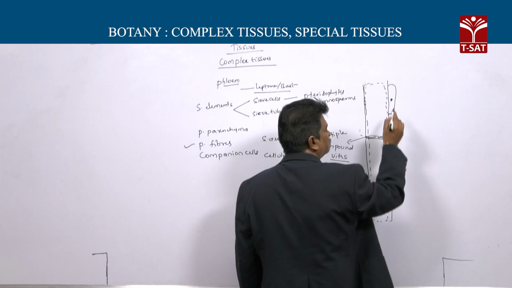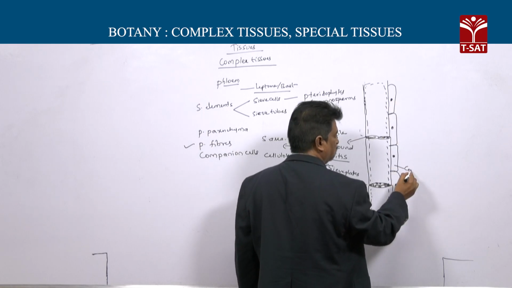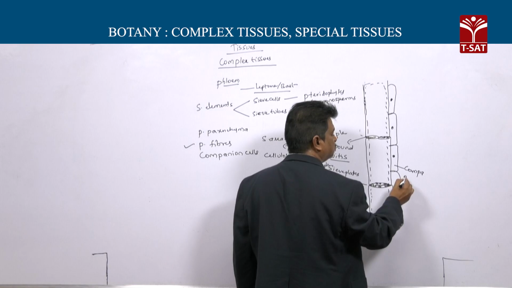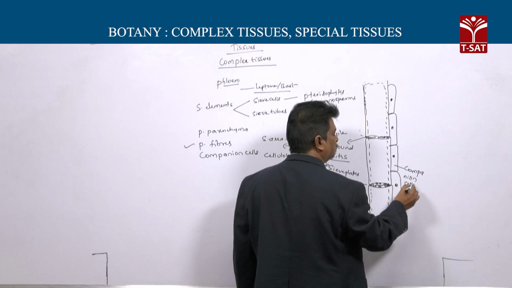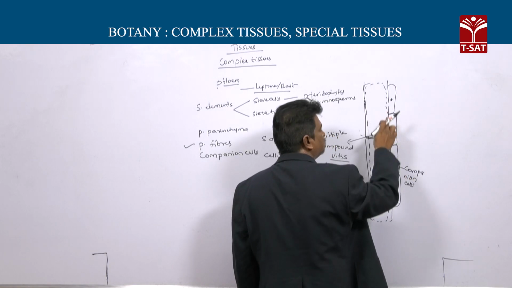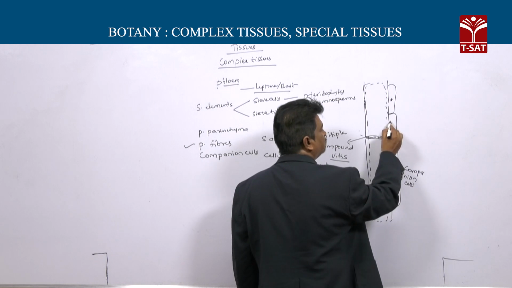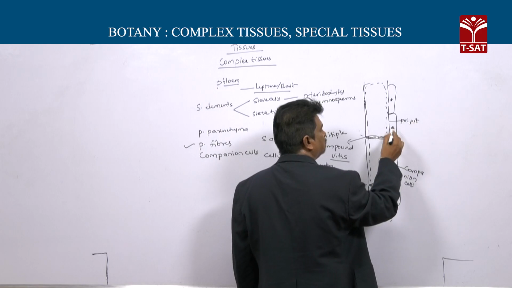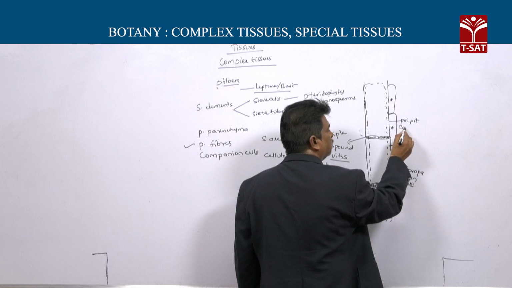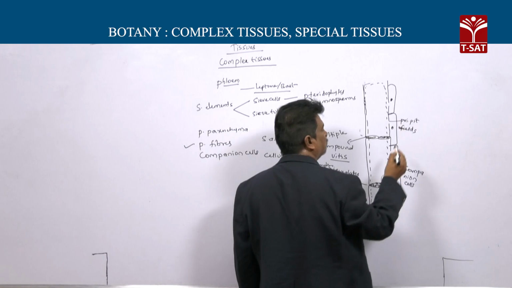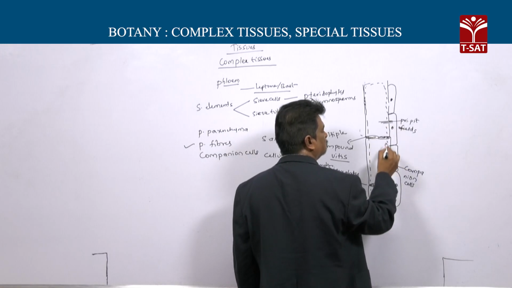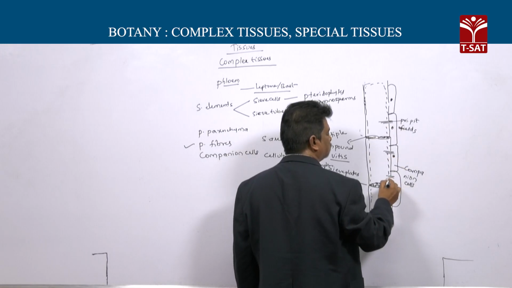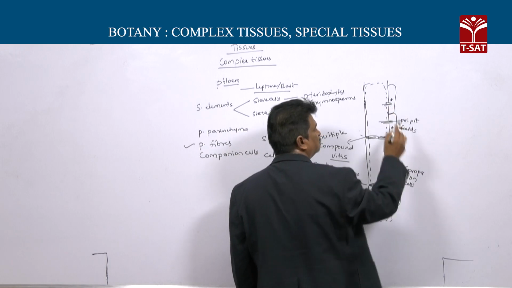The specialized parenchymatous cells are called companion cells. Then sieve tubes and companion cells are connected by primary pit fields, and through these primary pit fields, the cytoplasmic strands are traversed.